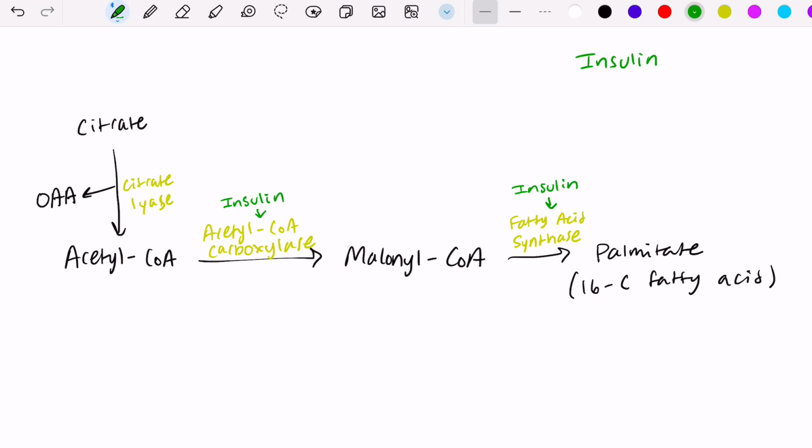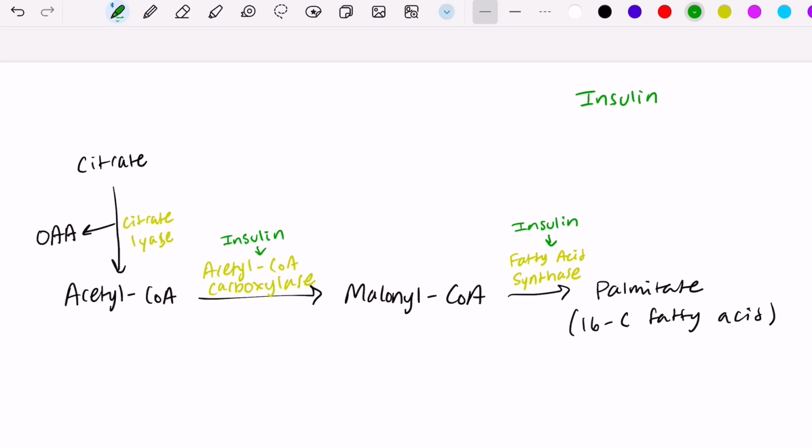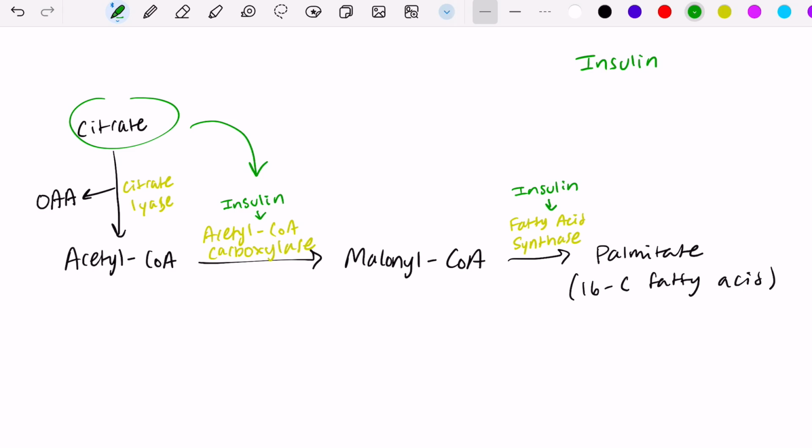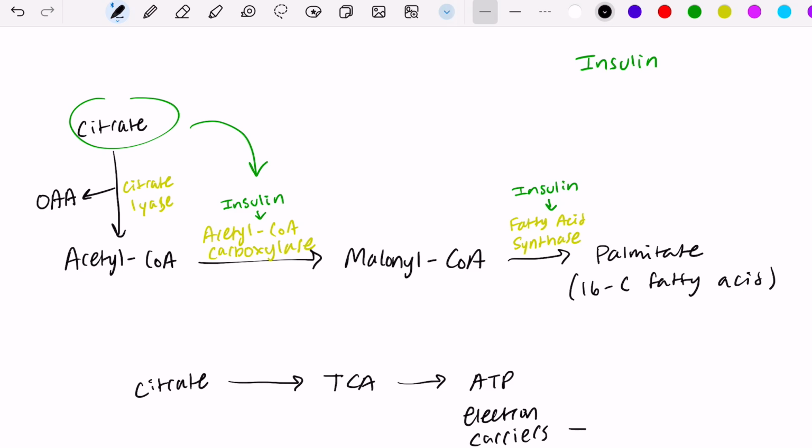Also, we have a feedback mechanism or a feed-forward mechanism here where citrate, if there's a buildup of that, will also increase the activity of these enzymes, right? So if we have too much citrate, remember citrate goes through the tricarboxylic acid or the citric acid cycle to produce ATP and electron carriers, which go to oxidative phosphorylation to make more ATP.